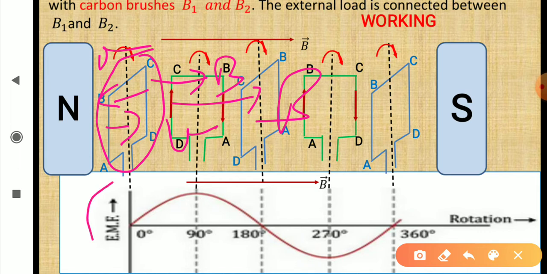So the EMF or induced voltage is 0, right?